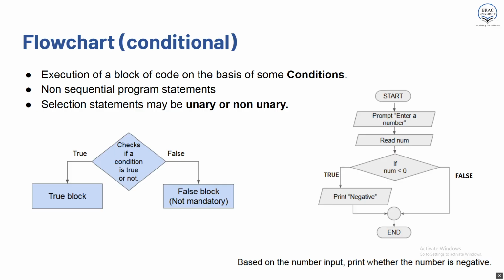As -7 is less than 0, the condition is true and it goes into the true block and prints negative. And finally, it ends the program. Let's say if the user gives +5, then it is stored in the num variable and checked by the condition block. As +5 is not less than 0, it goes into the false side, does nothing, and finally ends the program.